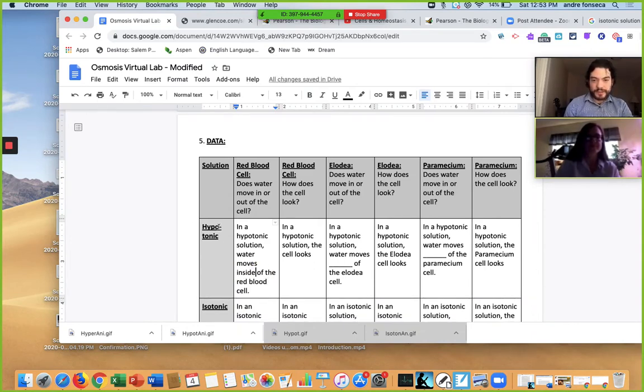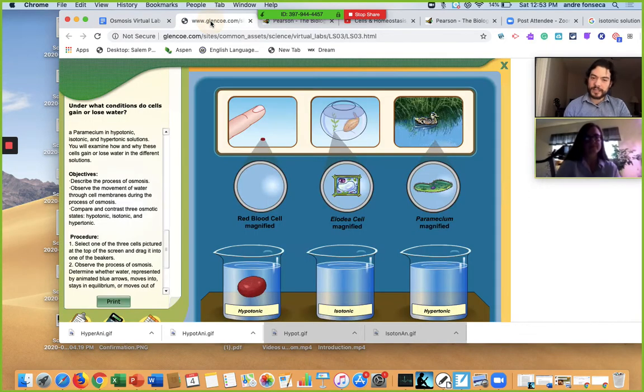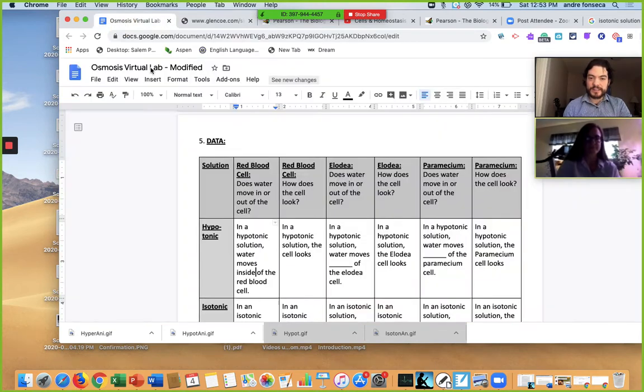And then also for hypotonic, it's asking me, in a hypotonic solution, how does the cell look? Well, like we talked, the cell looks round and bigger than it was before. So I'm going to say the cell looks round and bigger than it was before. So I've talked about how water goes into the cell, and I've made an observation of what the cell looks like. And I did that for the hypotonic solution.